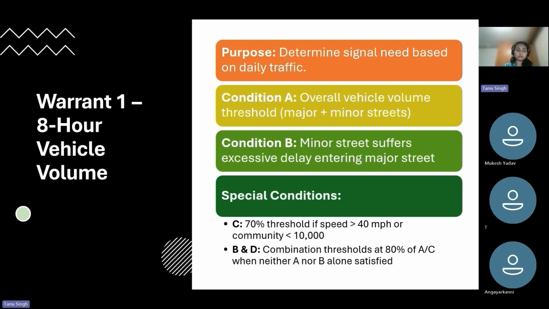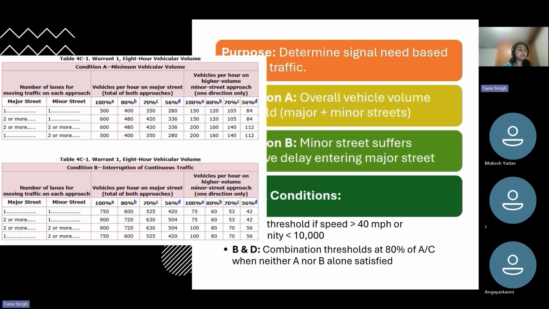So depending upon the 8-hour traffic volume, warrant A is decided: what is the percentage of vehicles present on the major street, whereas the vehicles per hour on the higher volume minor street.